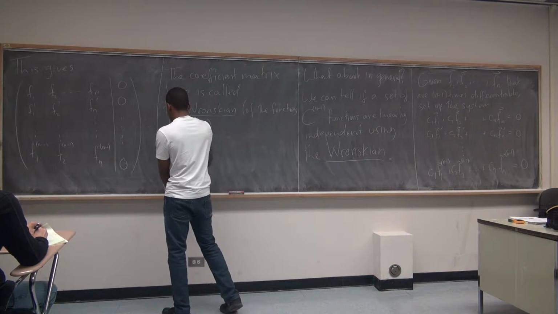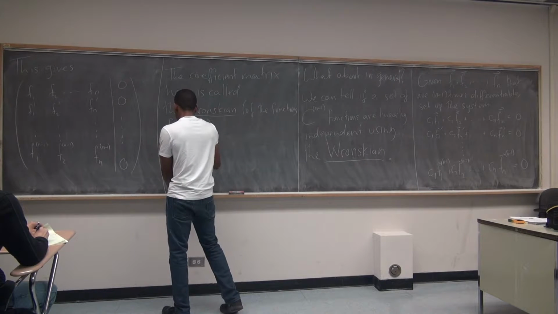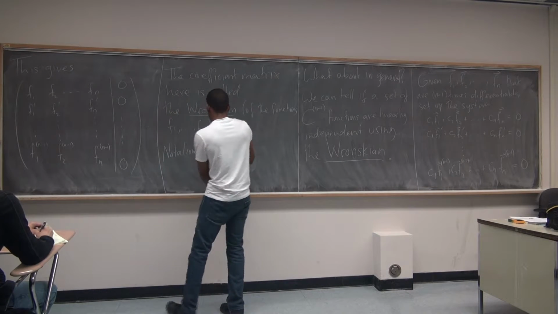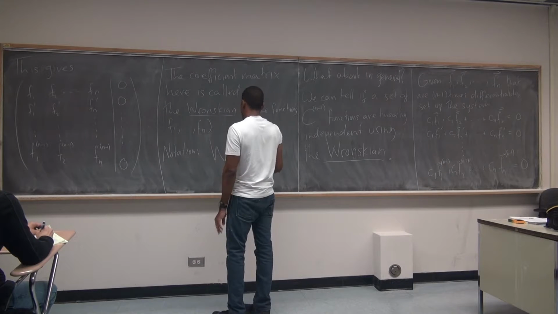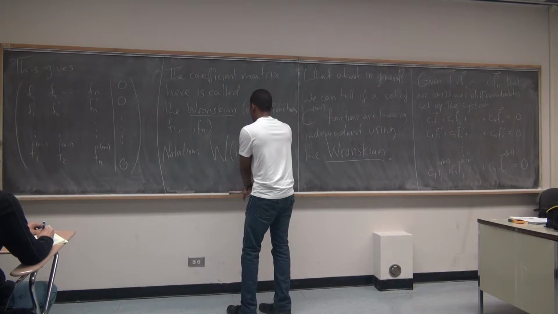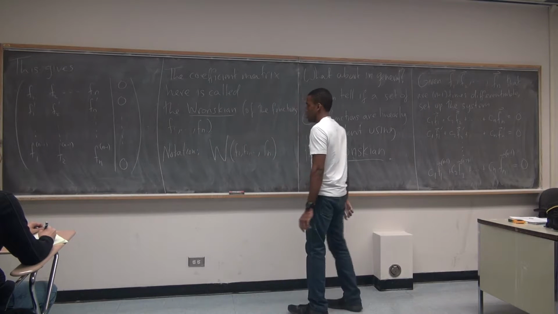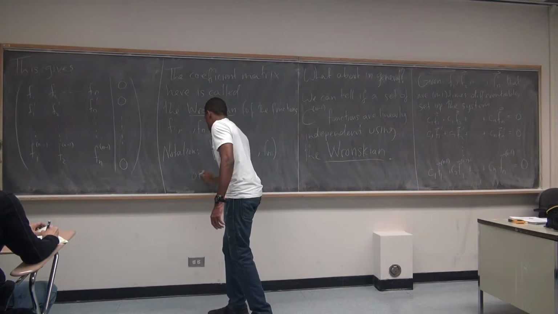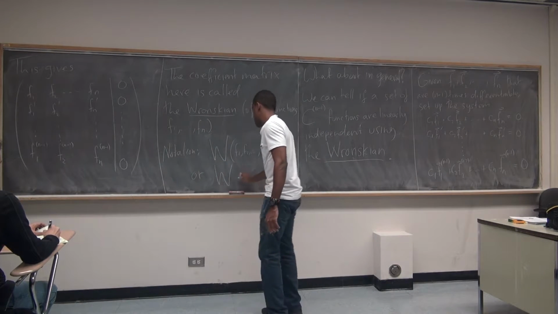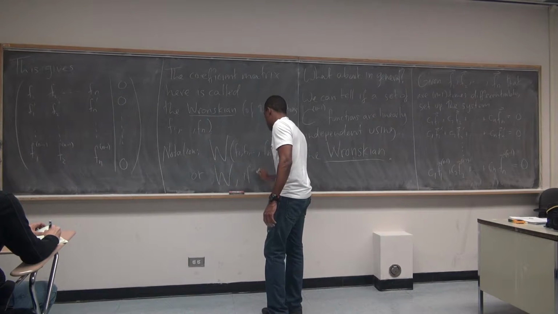The notation for this is a big W. You say W of f1, f2, up to fn, or you can call it just W if it's understood what the functions are.